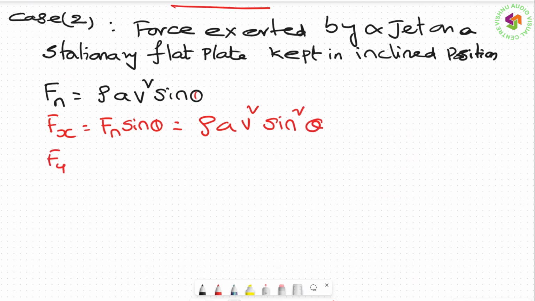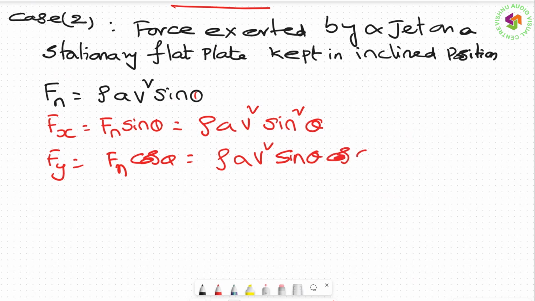Whereas Fy is equal to Fn cos theta, which is rho A V square sine theta cos theta. These are the basic things.